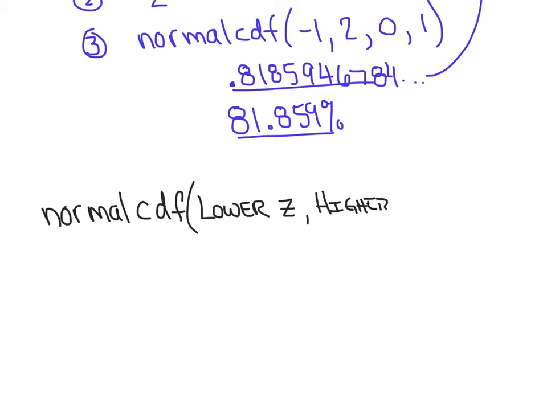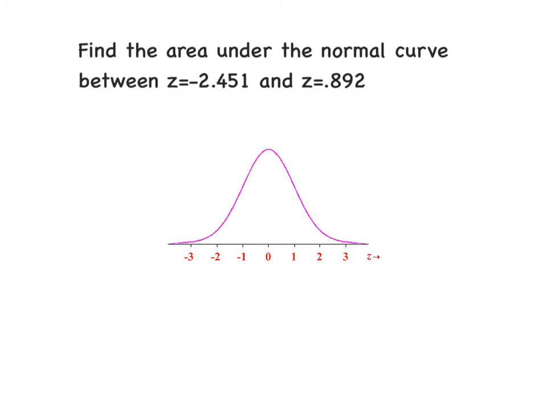So you've got your lower bound, you've got your upper bound, and then you're always going to put in your mean. And then the fourth and final argument is going to be your standard deviation. Now ironically for us today, because we're using a standardized normal curve, your mean's always going to be 0 and your standard deviation is always going to be a 1. So the only thing that's ever really going to change from problem to problem today are these 2 scores right here.